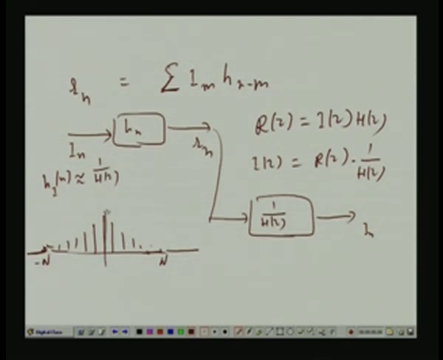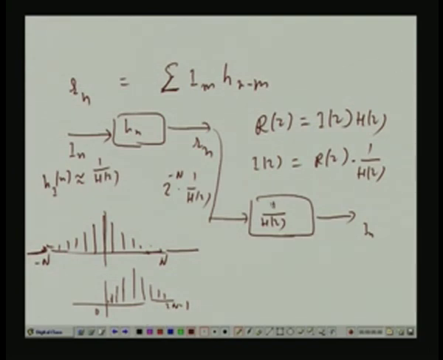Now, this is your h_I n, and this is not realizable in practice. But if I have z to the power minus N times 1 by H(z), the corresponding filter response will be a delayed version of this, delayed by capital N, and it will start here and go to 2N minus 1. This is realizable because it is causal.